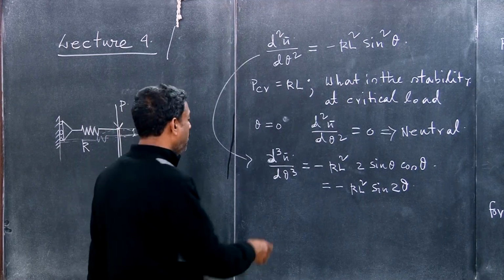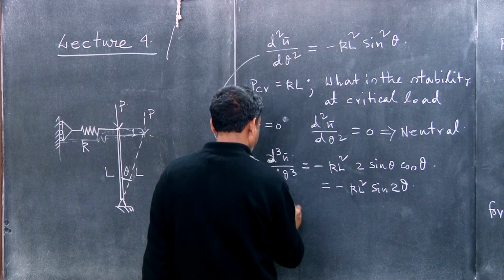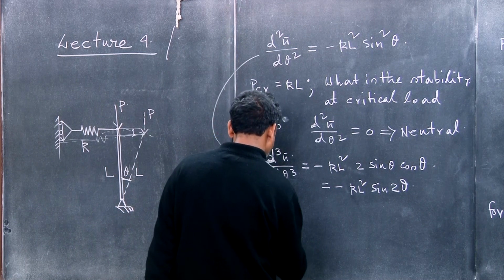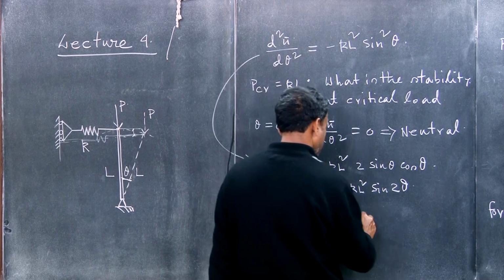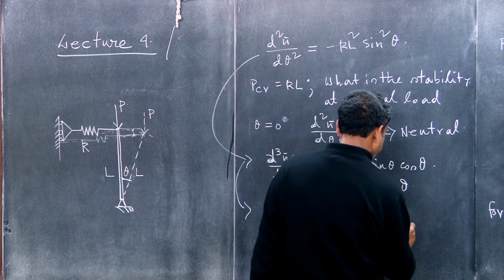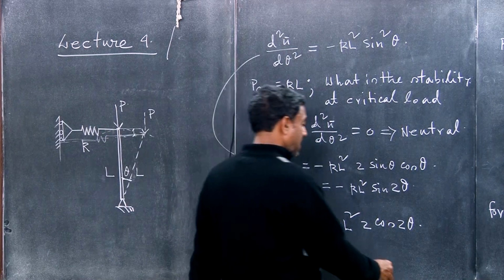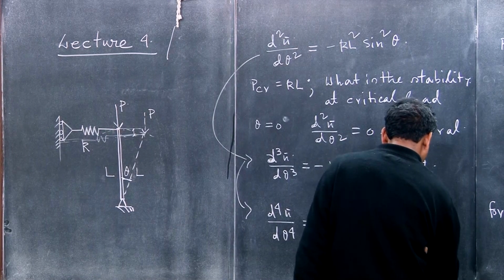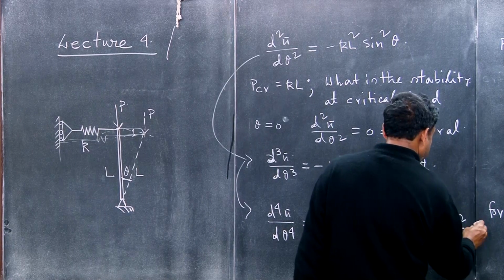Once again, I will differentiate it further. So, del 4 pi d theta 4 is going to be minus K L square 2 cos 2 theta. For theta equal to 0, it is minus 2 K L square, less than 0.